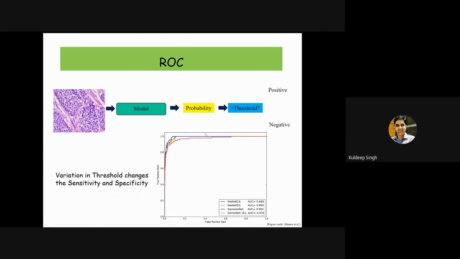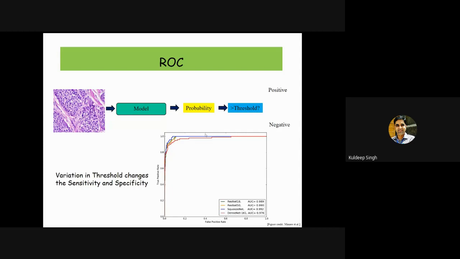Another one is ROC curve. So whenever we build a model, once the model is built and a new test image is provided to this model, it gives us a score or prediction probability, and this score is subjected to the threshold, and if it is greater than the threshold, it will be classified as positive, otherwise it will be classified as negative.